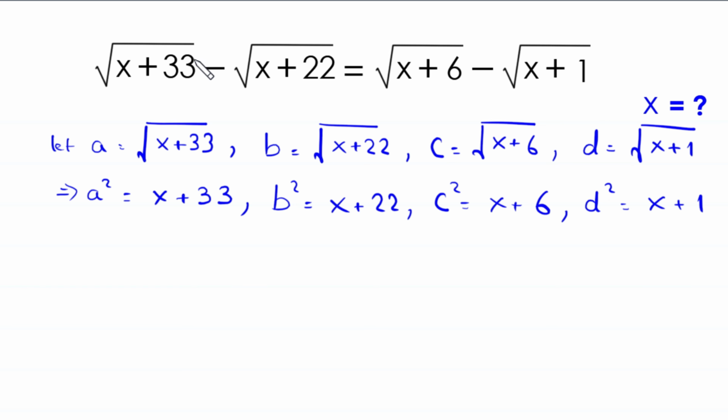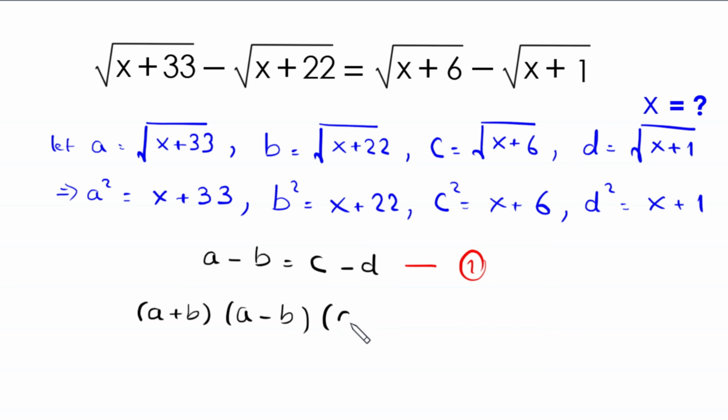So the original equation will become a minus b equals c minus d. Let's call this equation number 1. Now we multiply both sides by a plus b times c plus d. On the left we have a minus b times a plus b times c plus d, and on the right hand side we have c minus d times c plus d times a plus b.